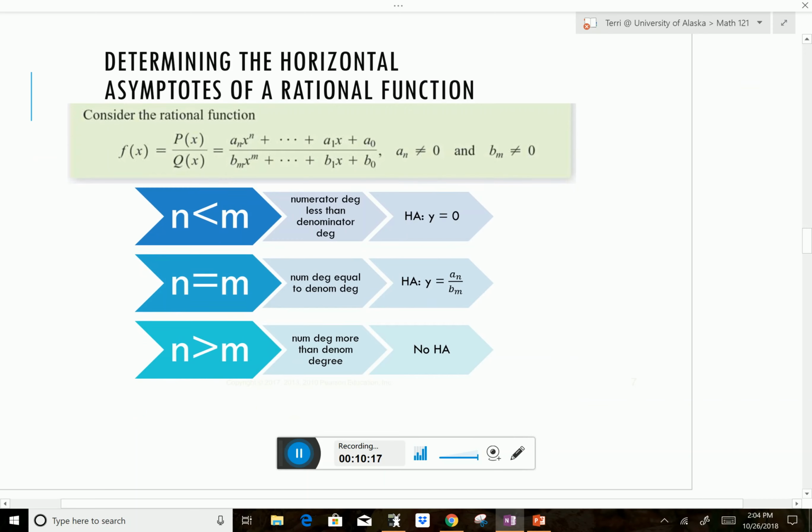Let's say I have my two polynomials up here. The situation we just looked at is where n was equal to m, so the degree of the numerator equals the degree of the denominator. Once again, we look at the coefficients of the dominating terms, and the dominating terms are the ones that create the degree of the polynomial.